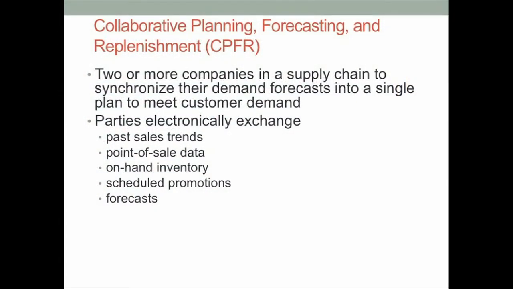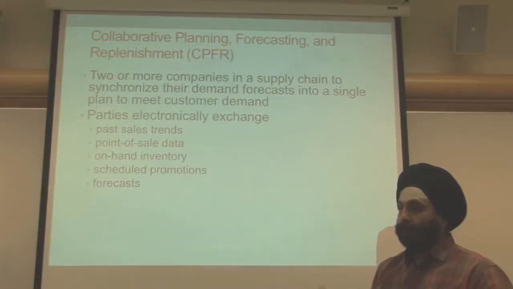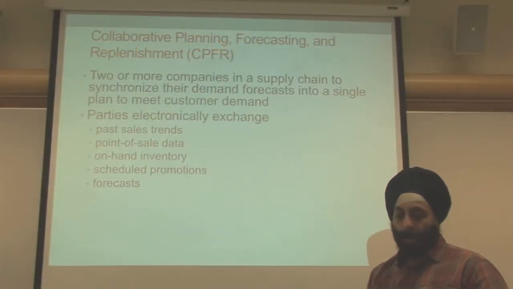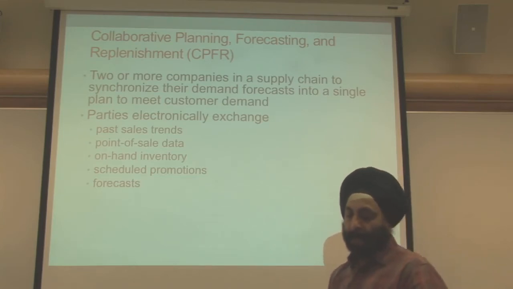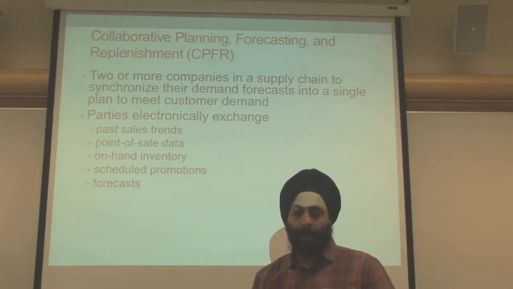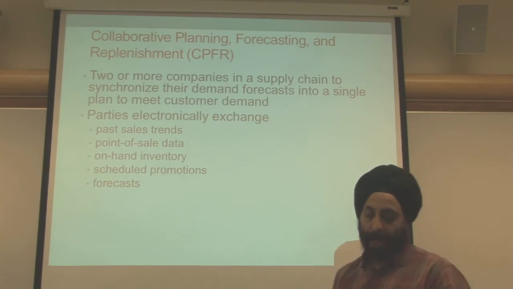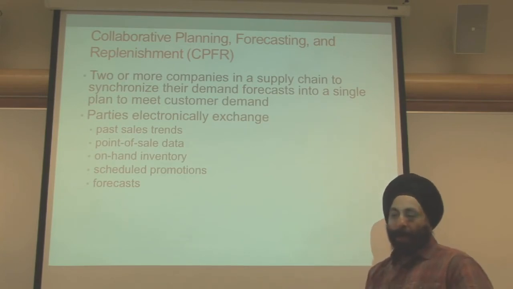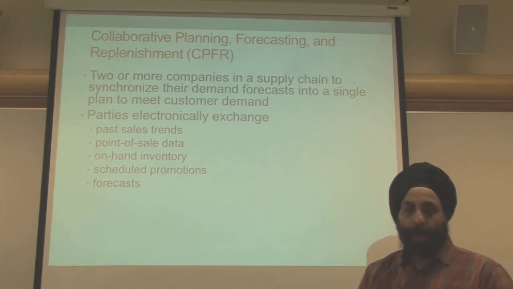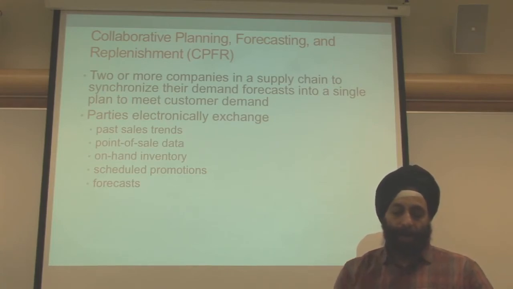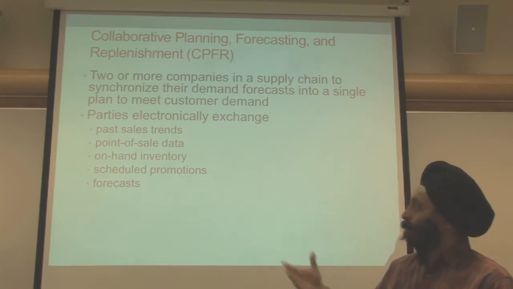Collaborative planning, forecasting, and replenishment is another tool that is used a lot to have two entities in a supply chain work collaboratively so that they can plan and collectively forecast the right amount of product and replenishment. So this goes a long way in reducing the bullwhip effect.